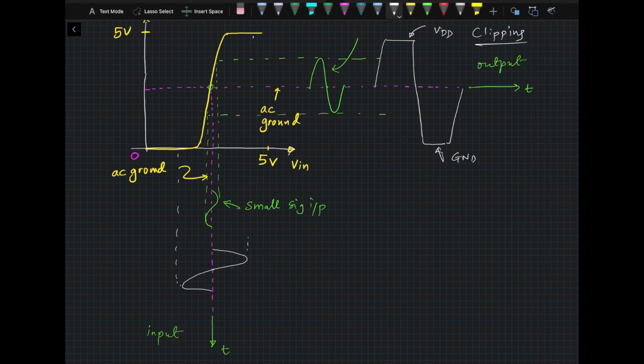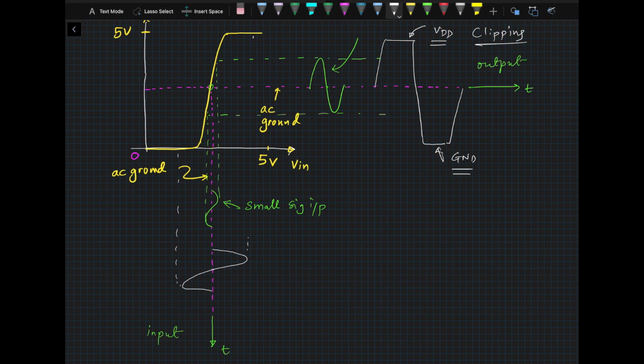For normal input voltage, you could listen to everything very carefully, and the sound was good. But when you start screaming into the microphone, you're going to hit the supply voltage VDD or ground of that amplifier in the microphone path.